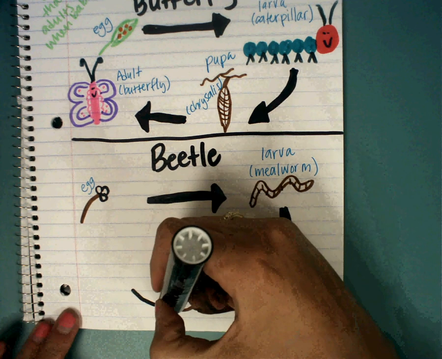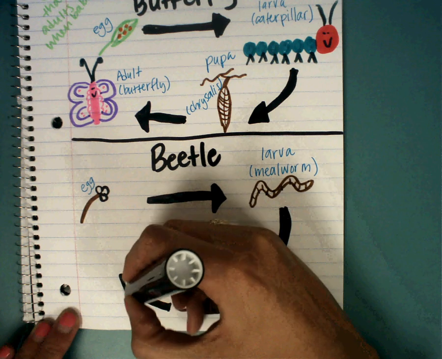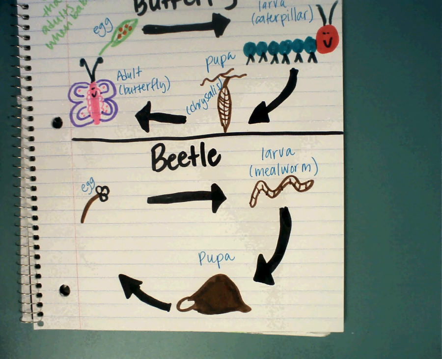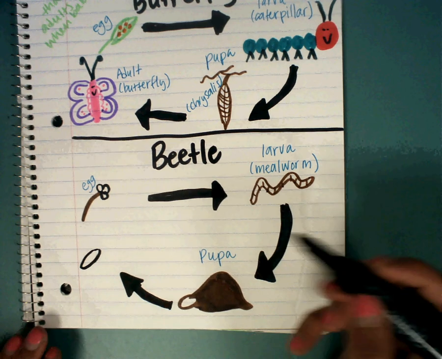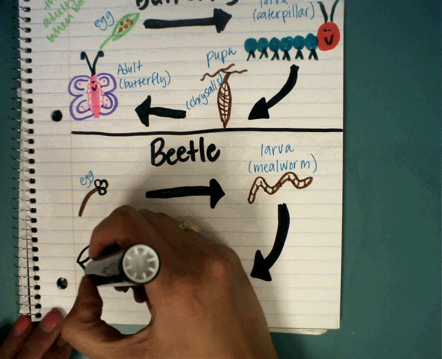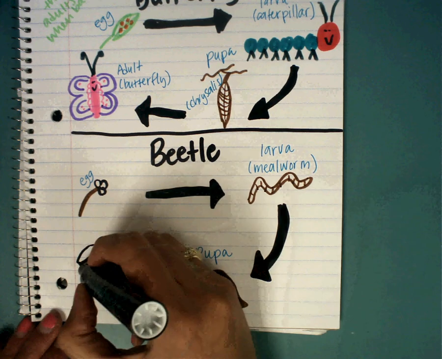Y'all, you know I don't like bugs, and I especially don't like beetles. But we're going to see what they look like. They're going to look like this. He's going to look kind of like a cockroach, right? Cockroaches go through a very similar life cycle, right? So he's going to have some legs. Ugh.